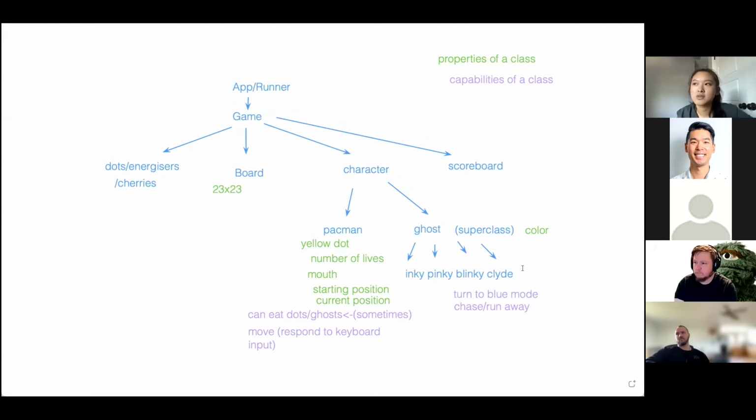In my case, I use the same algorithm for all of them, and the reason why they didn't all take the same route is because they spawn from different parts of the map. But I used a BFS algorithm to chase Pac-Man. And then I believe my blue mode was just take random turns. It wasn't even run away.